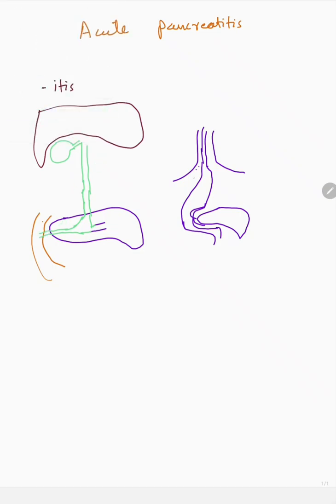So this is a little anatomy that is really important to know. The pancreas makes a lot of enzymes, and these are digestive enzymes. But if there is an obstruction here, for example, a stone is formed and it is small enough to pass through the cystic duct, it will come down the common bile duct, and it can also obstruct the outflow of the bile.